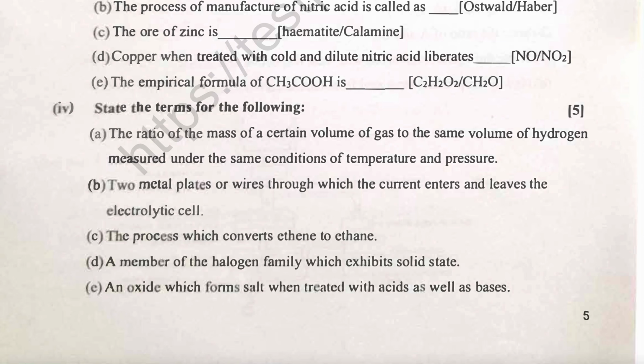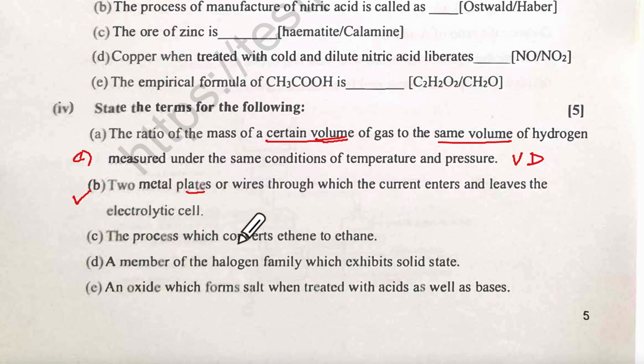State whether the ratio of mass of certain volume to the same volume of hydrogen. The moment they bring in volume, remember vapor density could be there. So A is vapor density. B is 2 metal plates or wires through which the conductor enters and leaves: electrodes.